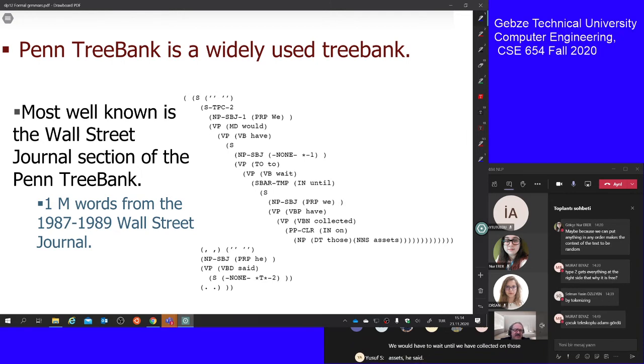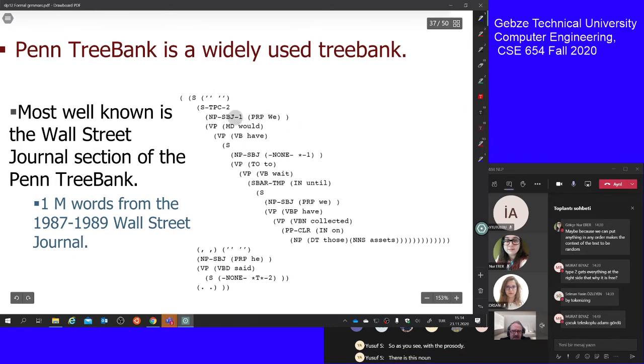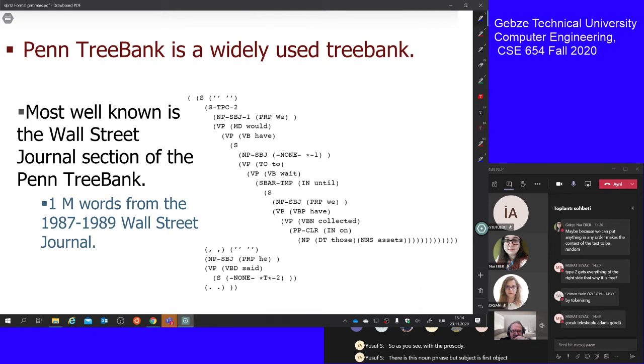This is the sentence, and this is the parse tree of it. As you see, there is this noun phrase, the subject I guess. There is a verb phrase, a verb phrase again here, and again a noun phrase, the subject noun.